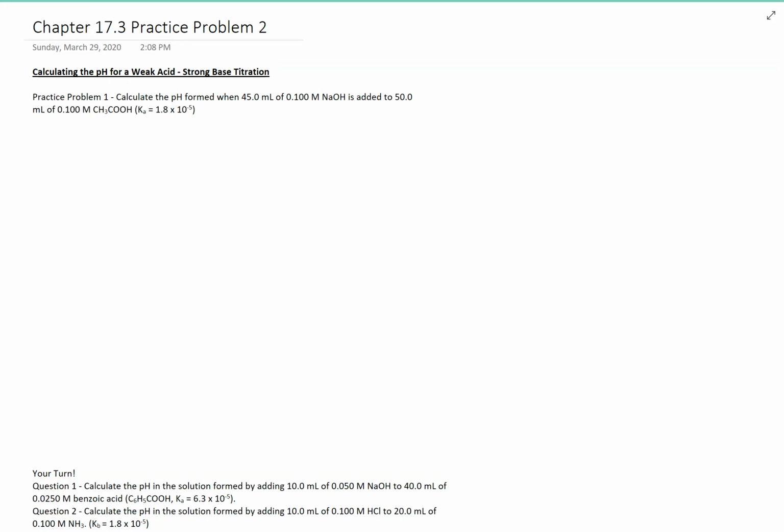So for this first problem, the first thing we're going to do is write out the overall reaction, because the reaction is always a good place to start. The acid plus, we're just going to remember that we just want the base in this particular case.